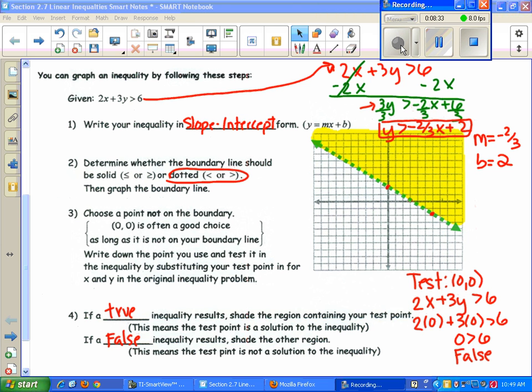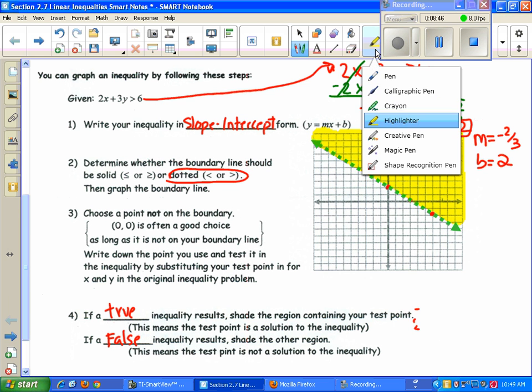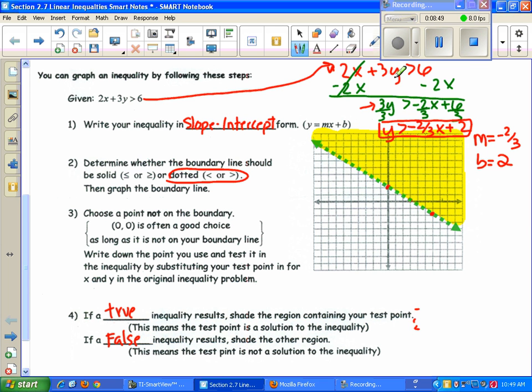So another way we can tell where we're going to shade is just by looking at the inequality. So I'm going to erase this right here so I can write down some stuff. So if my inequality is y is greater than, or y is greater than or equal to, notice y is greater than, so that means you're going to shade above your boundary line.